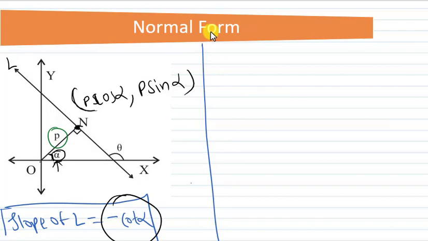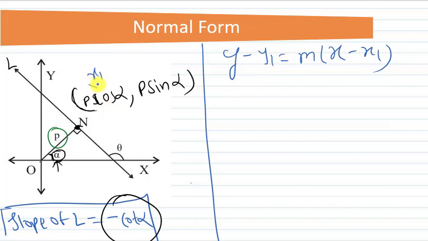What is the equation of a line in slope-point form? It is y minus y1 equals m in brackets x minus x1. Here x1, y1 are the coordinates of the point through which the line is passing, and m is the slope. Here the value of m will be minus cot alpha.